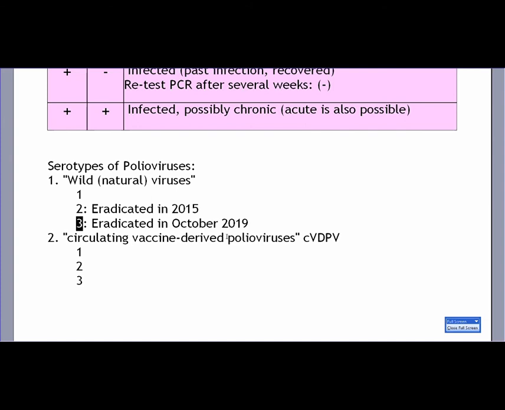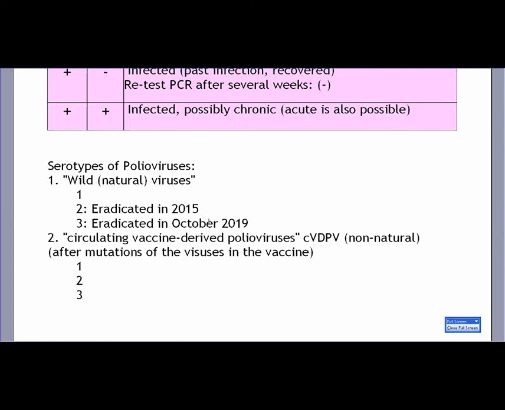Sometimes the viruses in the vaccine mutate, and they become mutated viruses. So they are not natural. They are non-natural viruses. They appear because of mutations after mutations of the viruses in the vaccine.